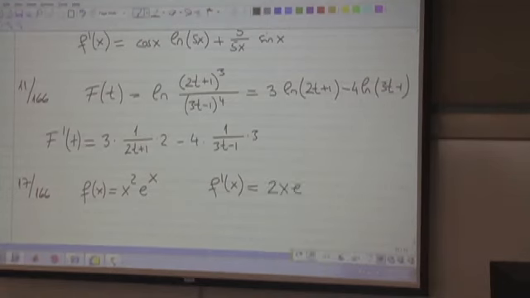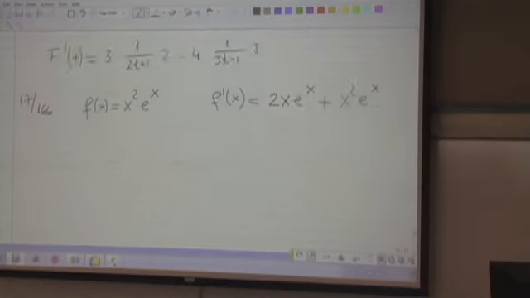Two x e to the x plus x squared e to the x. Oh yeah, because the derivative of e to the x is just e to the x. Okay? Alright.